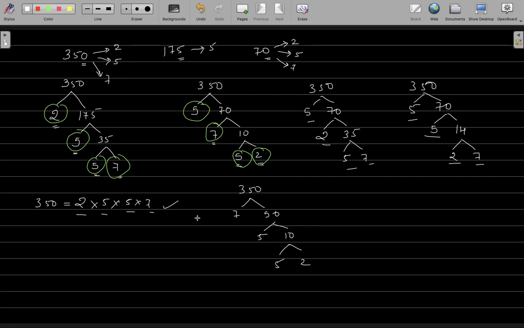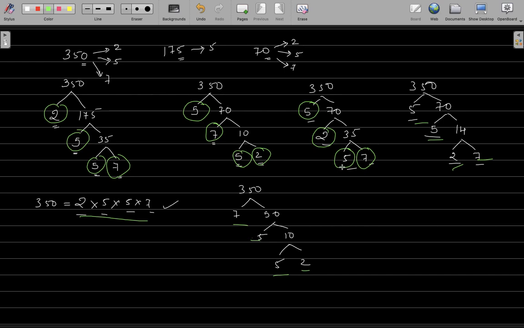Same combination. So if you observe, in all the factor trees that you have, in all the methods of prime factorization, you end up having the same numbers 2, 5, 5 and 7, right? 5, 5, 7, 2. This is also 5, 5, 2, 7, which is the same combination.